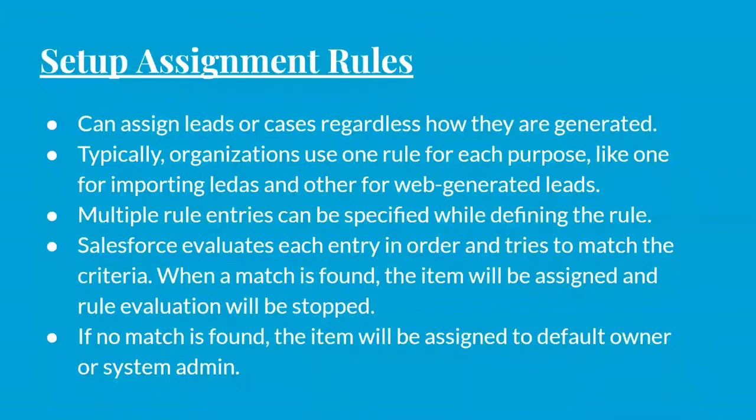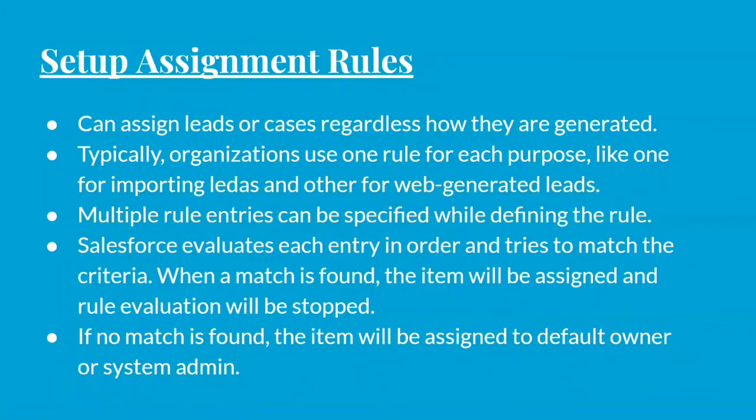So there's an option: if no match is found when you're assigning a case or a lead and comparing it with different criteria, you can define a default owner or a default user, or it will be assigned to system admin, who can then manually assign to other users if they want.